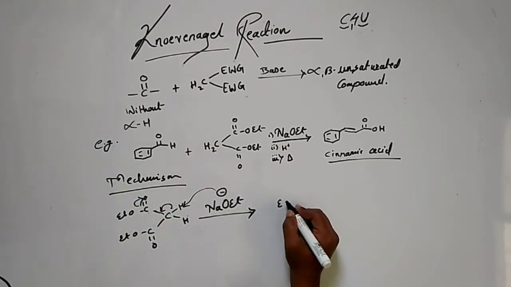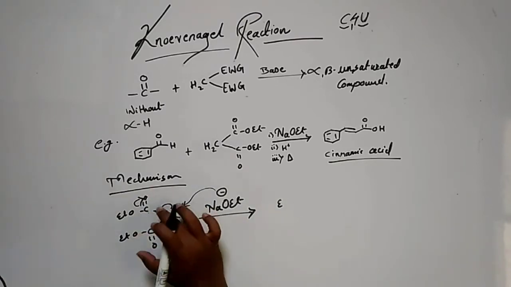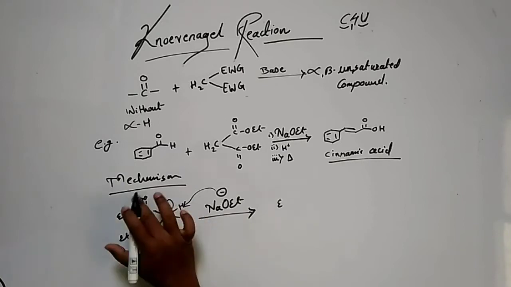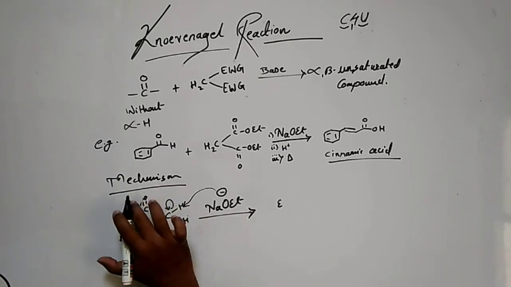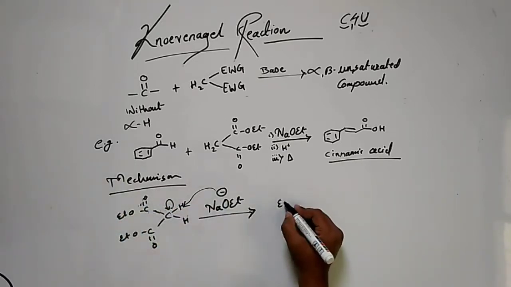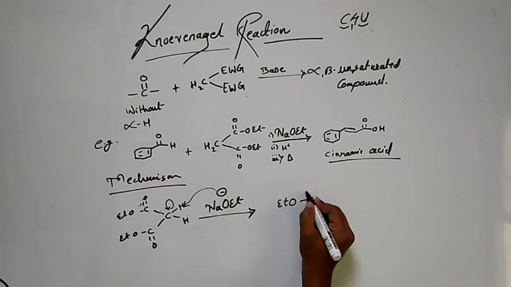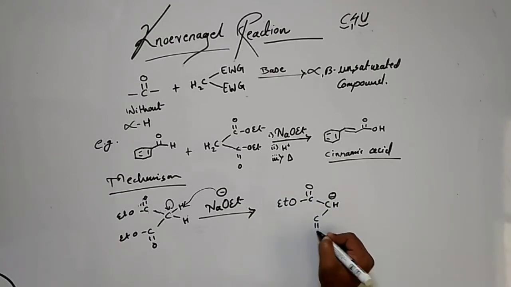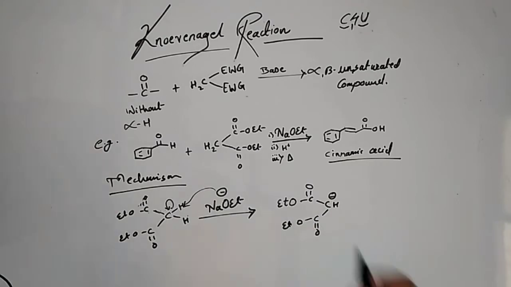Actually it's not needed to show the enolate, you can just keep it as a carbanion only, EtOOC-CH minus-COOEt. This is your nucleophile.